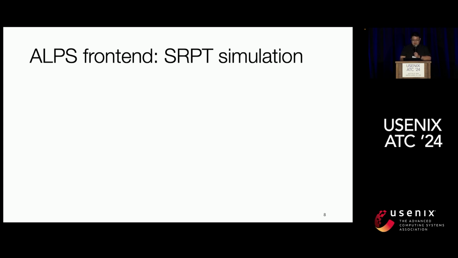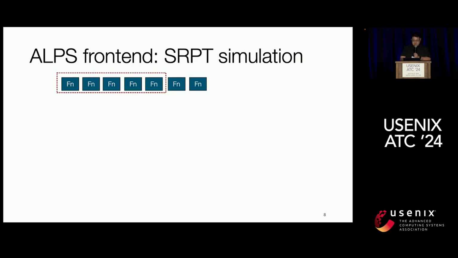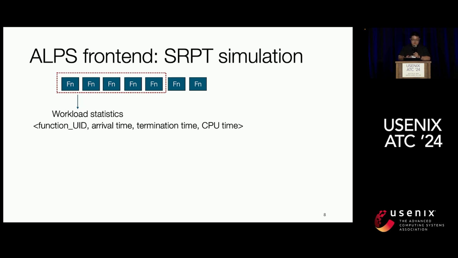Then let's talk about the SRPT simulation. As mentioned, we select the past function traces by sliding window. This sliding window contains workload statistics, for example, the function UID, arrival time, termination time, and the CPU time. It's noted that we develop a new system call, the ALPS syscall.